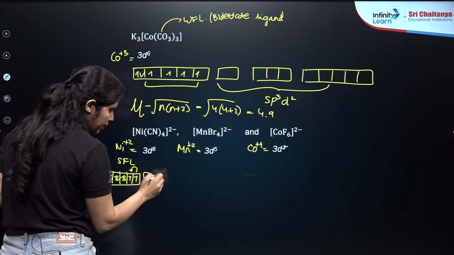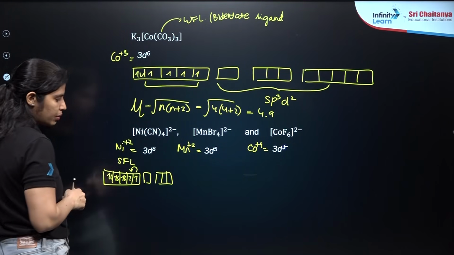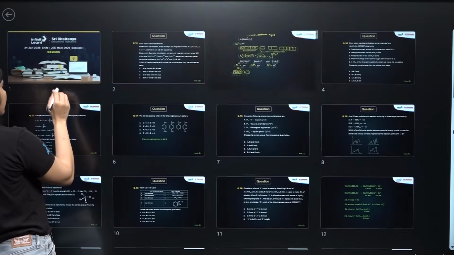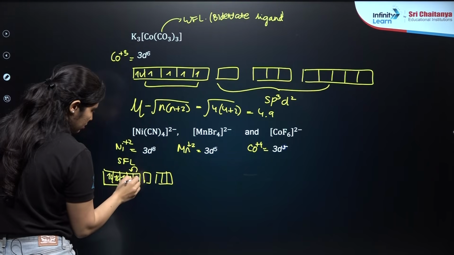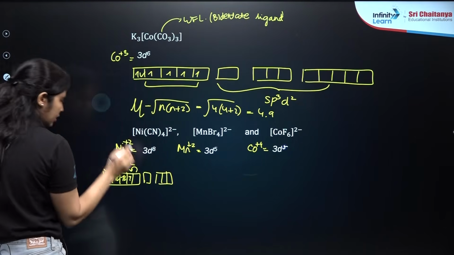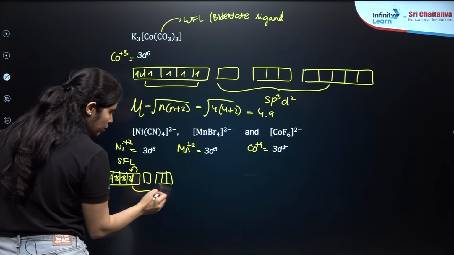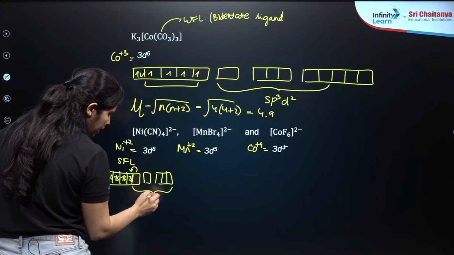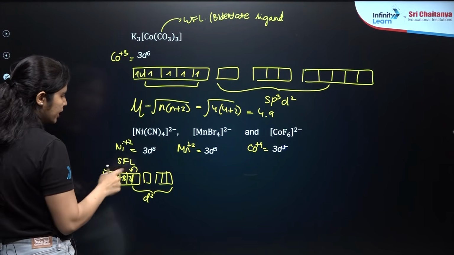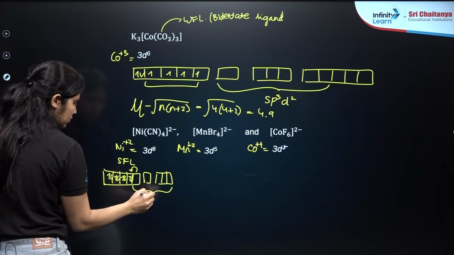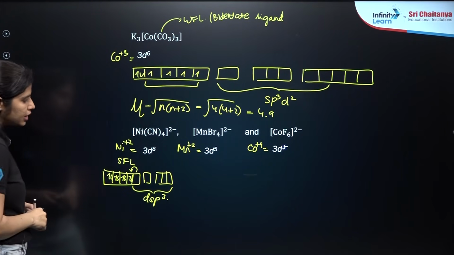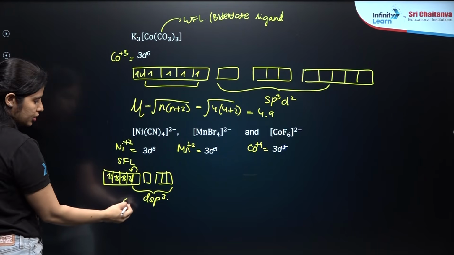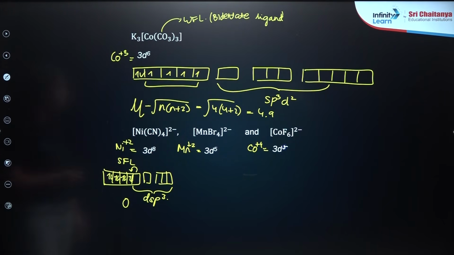After that, we are going to have s, and after that, a p orbital that might be present. Here, because of pairing, because of having a low spin and strong field ligand, it is going to be exactly what is given to us, which is dsp2. Yes, it is dsp2. How many unpaired electrons are there? There are 0 unpaired electrons, so the Bohr magneton is going to be 0 here, right? What else was given?